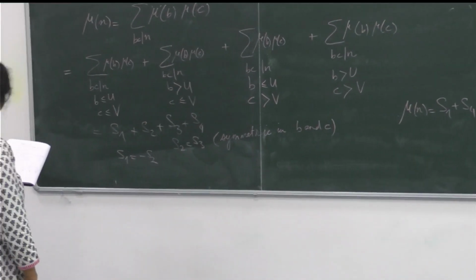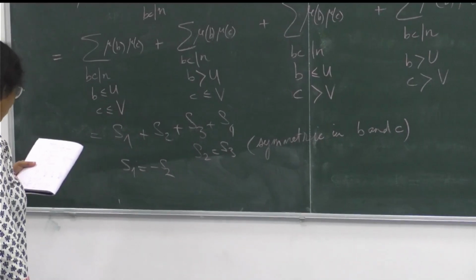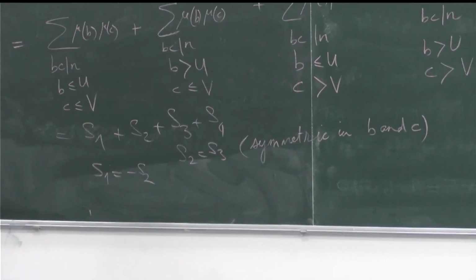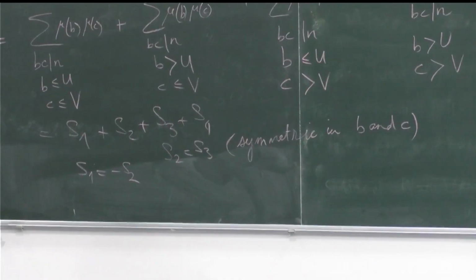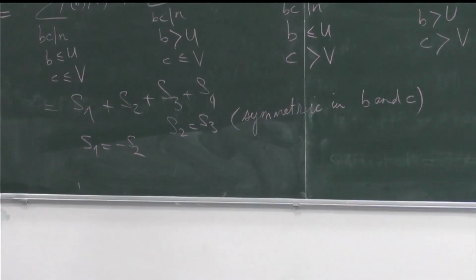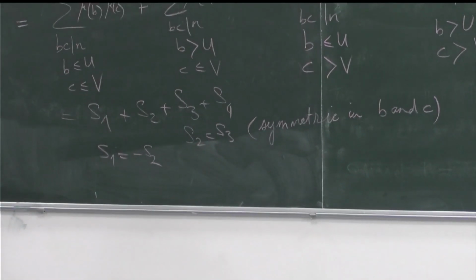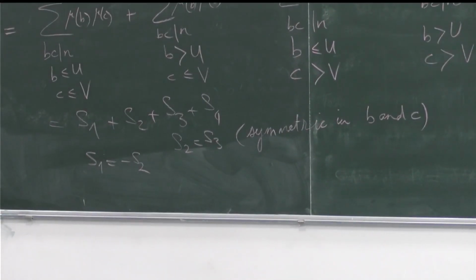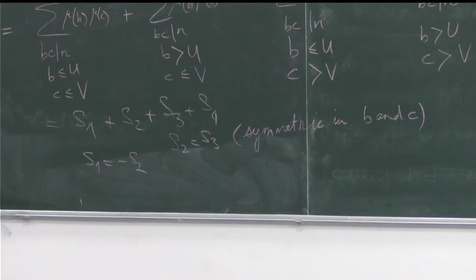Why should they be 0? S2 is equal to S3, but that doesn't mean they are 0. So I don't need S1 to be equal to minus S2, because that I get over there, and we can prove that S2 is equal to 0.